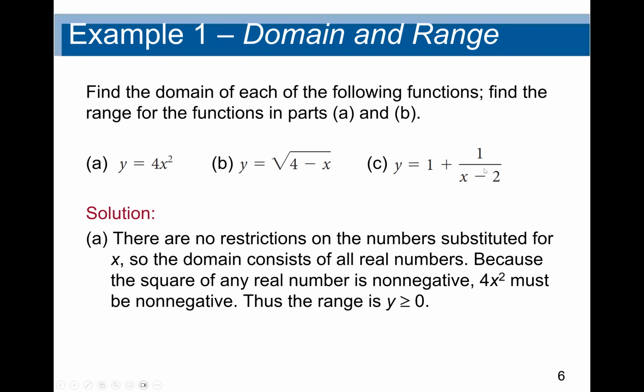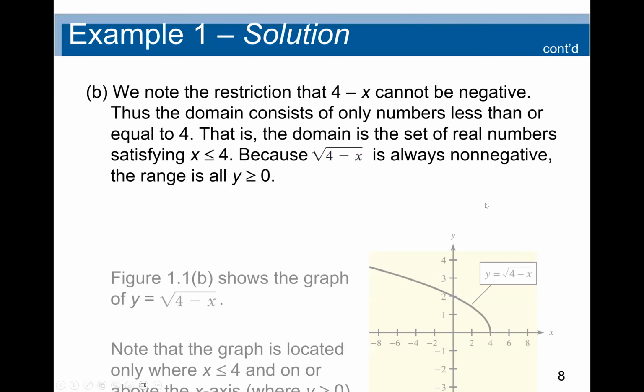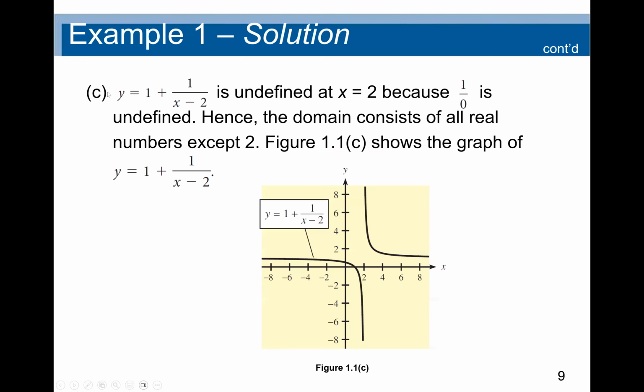Third equation, we want to make sure that we don't divide by 0. Because when we divide by 0, or find the square root of a negative value, there's no solution. So those values cannot be in the domain. So that is C, y equal to 1 plus 1 over x minus 2.